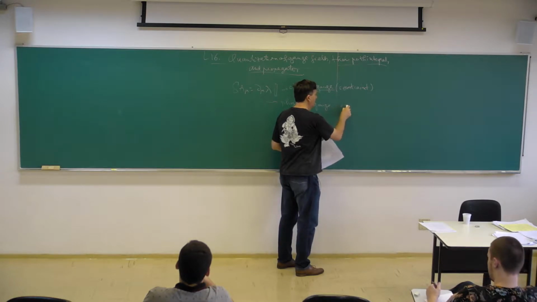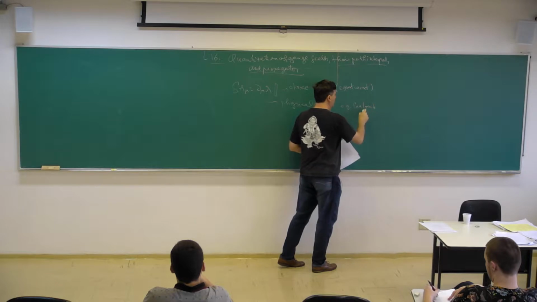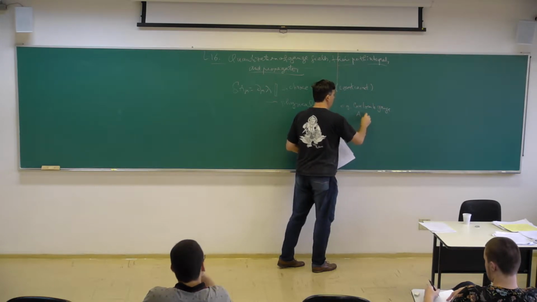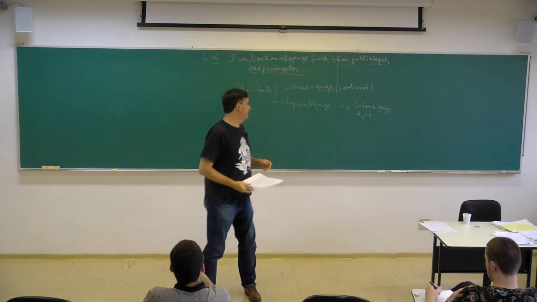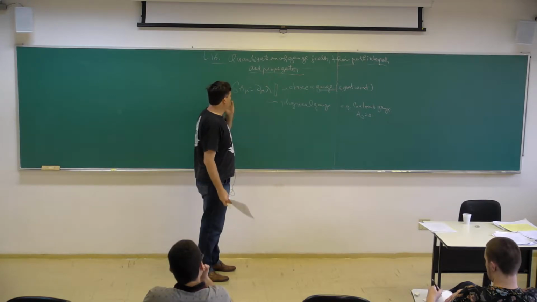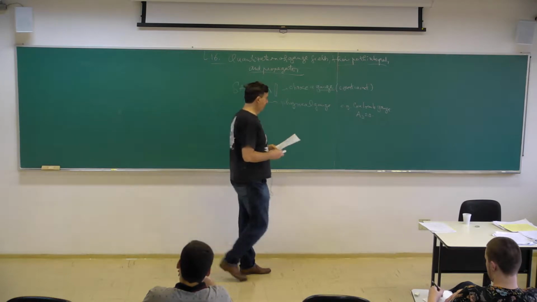So one possibility is what is known as the Coulomb gauge, A0 equal to 0. So this specifically puts one of the components in this transformation to 0.